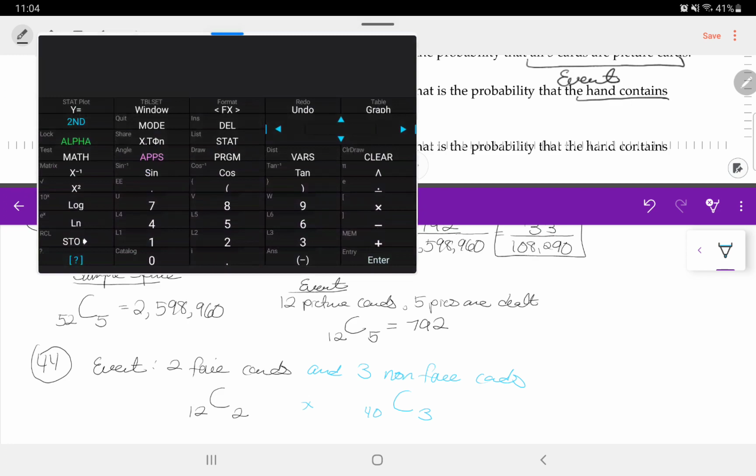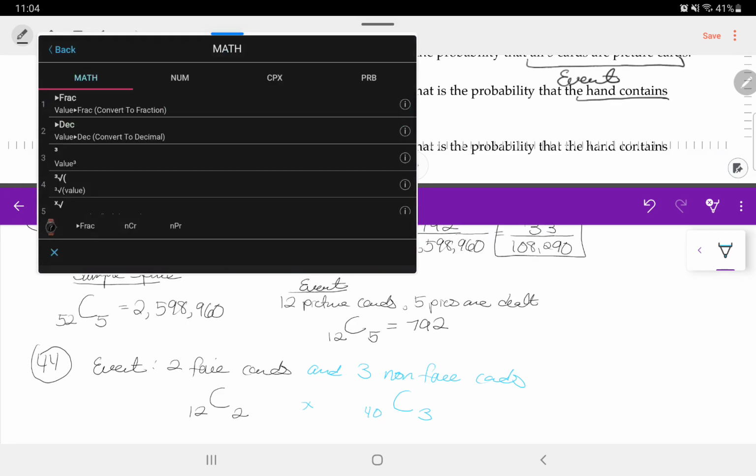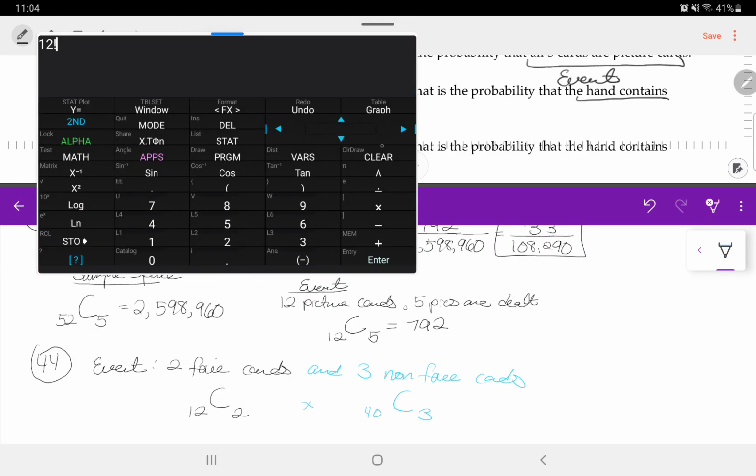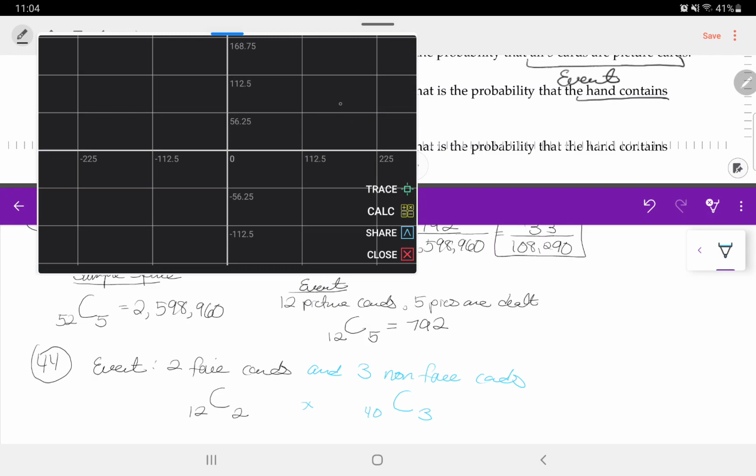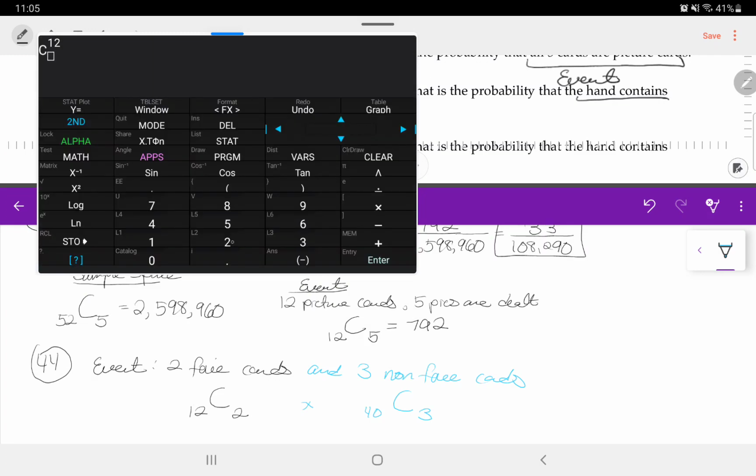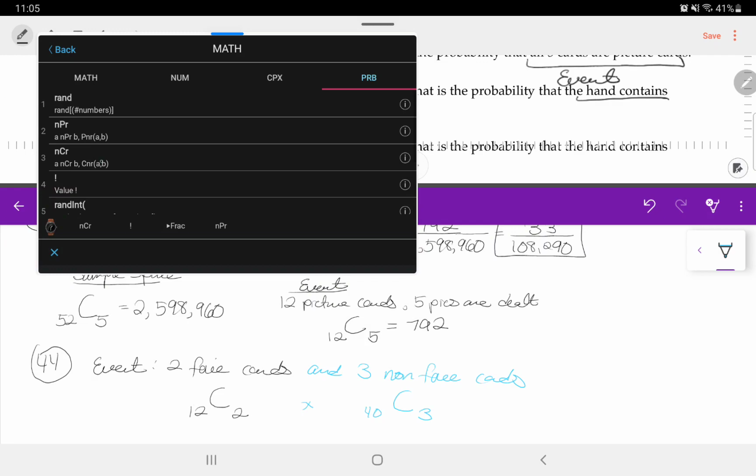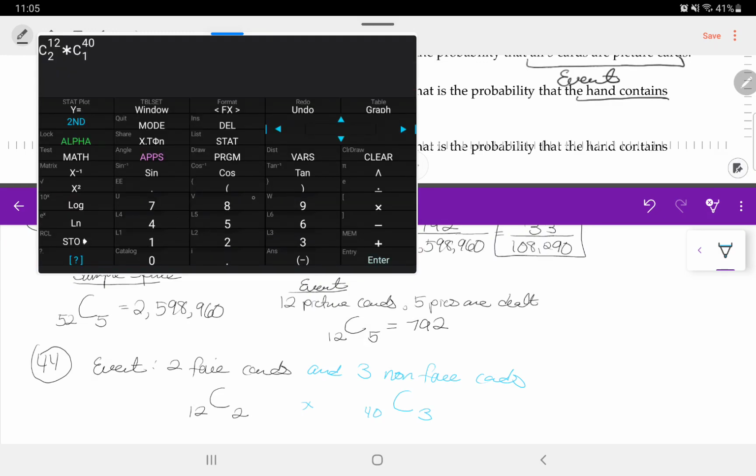So let's calculate those combinations. 12, go to math, PRB. Oops, try that again. 12 choose 2. We're going to multiply that with the combination of 40 choose 3.